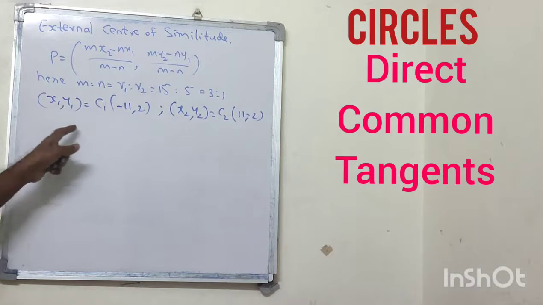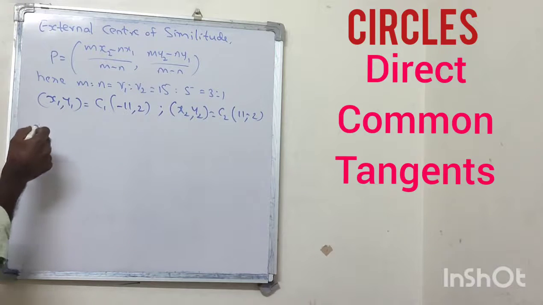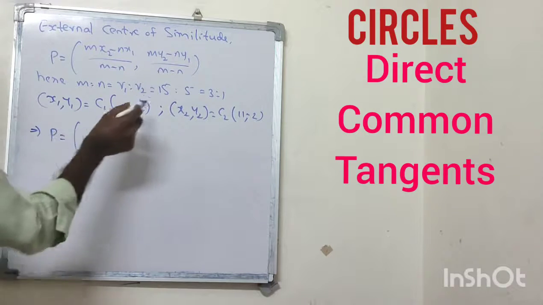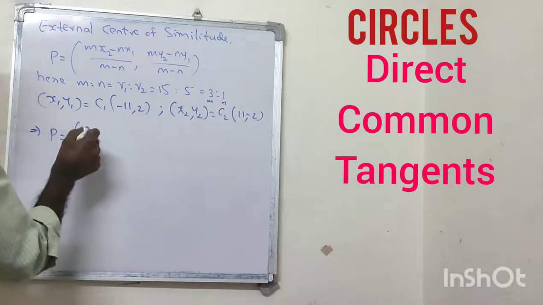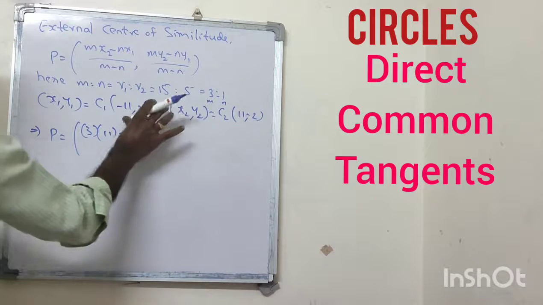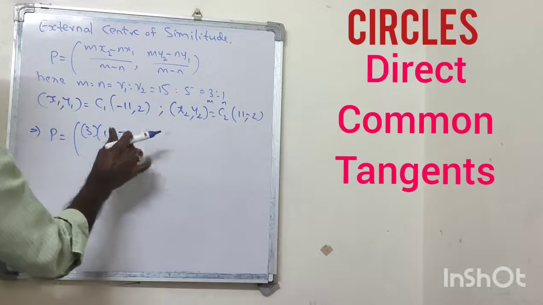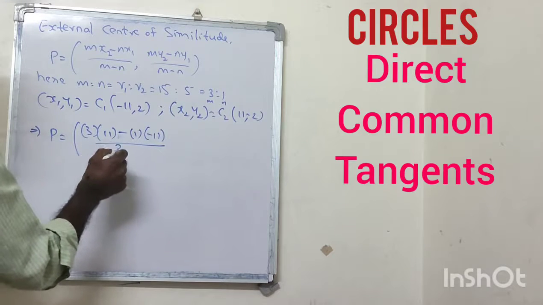Now let us substitute all these to find the external center of similitude. Therefore P is equal to, m is 3 here, this is m, this is n now, m x2 minus n x1 by m minus n.